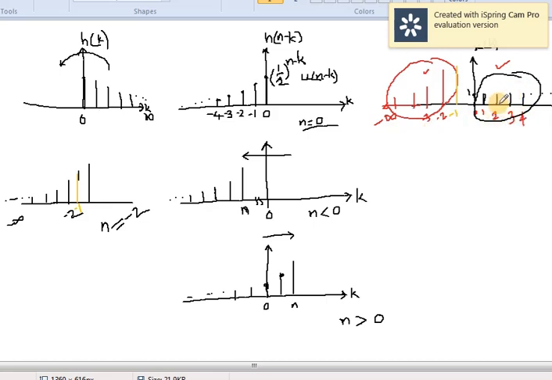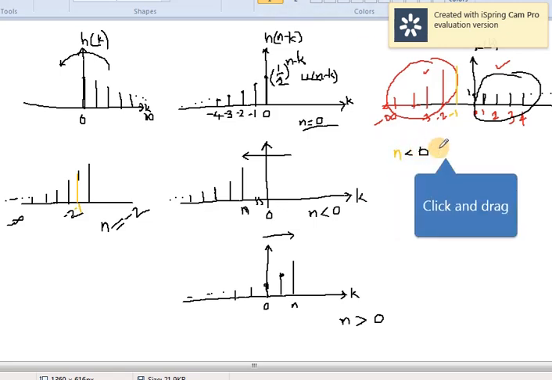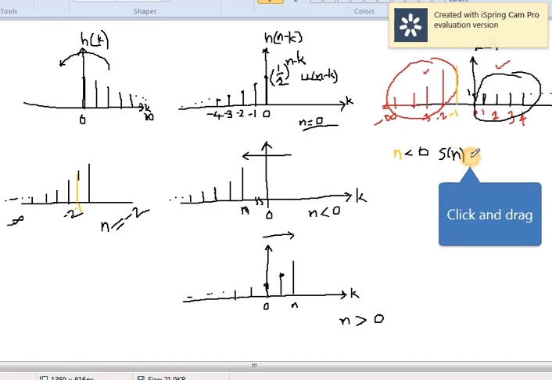So the multiplication is going to be 0. Hence, for any value of n that is less than 0, the result of convolution will always be 0.